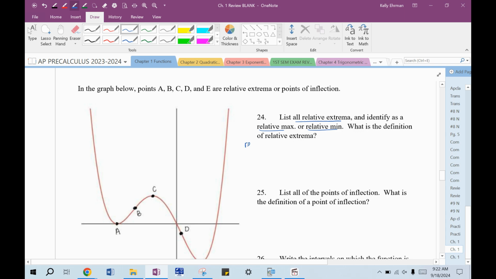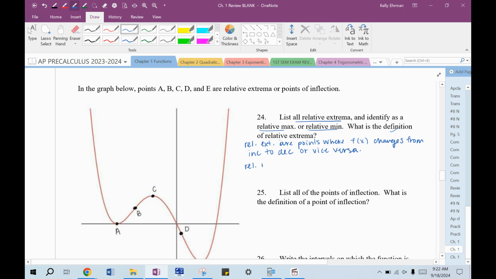Relative extrema are points where f of x changes from increasing to decreasing, or vice versa, meaning decreasing to increasing. Okay, so that's the definition done.